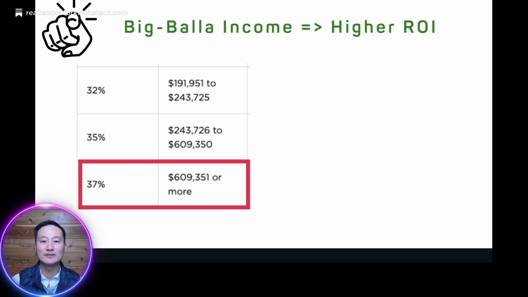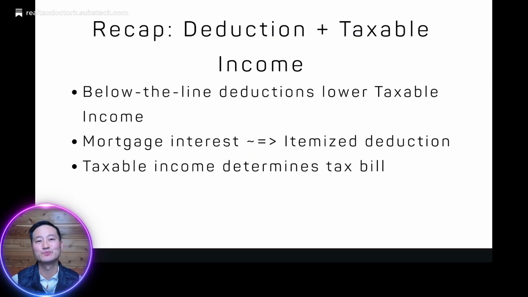That's a 37% return just for knowing how to use the tax code. The higher your income, the more valuable it becomes to know the rules and apply smart tax strategies. That's how you keep more of your money in your pocket and less to Uncle Sam.